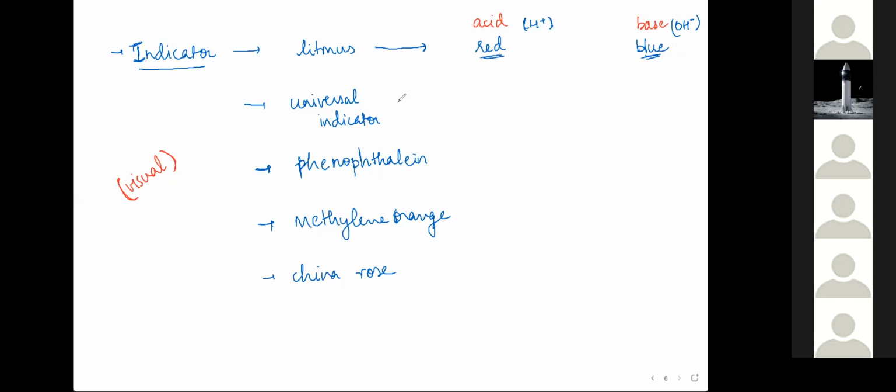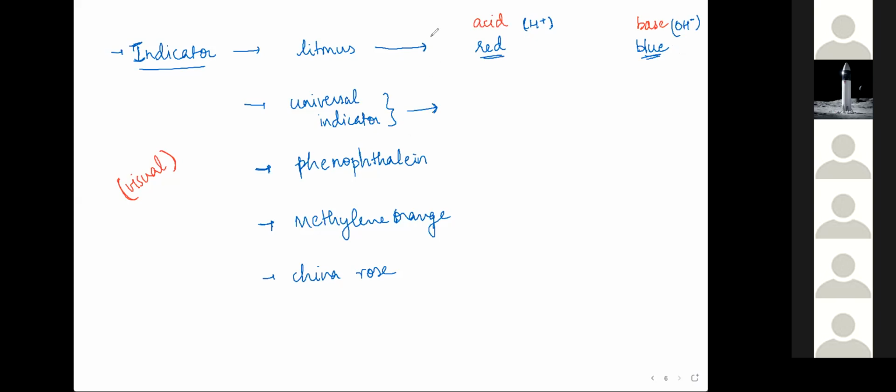Okay. What about universal indicator? Ma'am, universal indicators include turmeric or something, or what? I don't know. So universal indicator, this numerical indicator is what actually is the correct one.